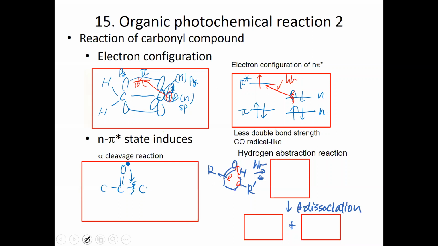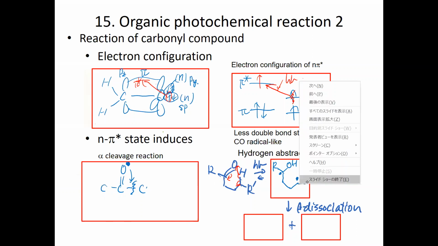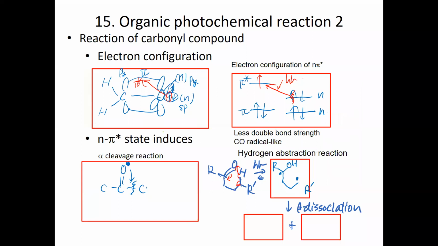So what you can obtain as intermediate species are R or H radical species.